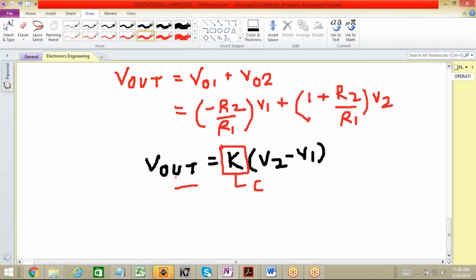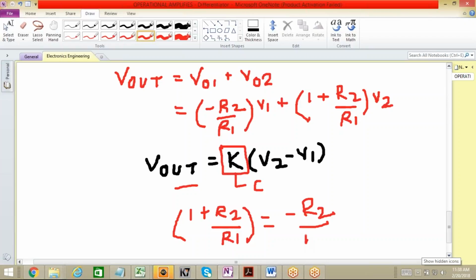So now the requirement is to achieve equal gain, and for this, we have to make sure that 1 plus R2 upon R1 should be equal to minus R2 upon R1. We have to design our circuit in such a manner that 1 plus R2 upon R1 becomes equal to minus of R2 upon R1. Alright? So one can change this equation somewhere else.